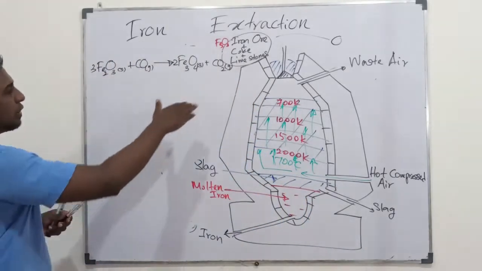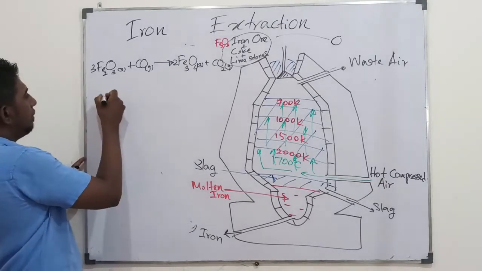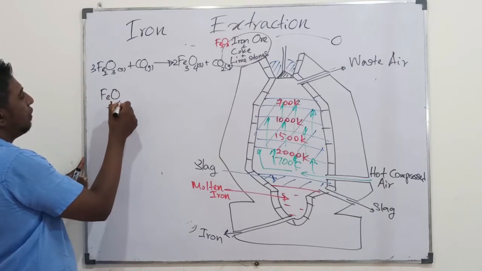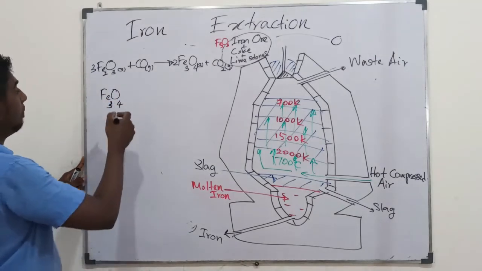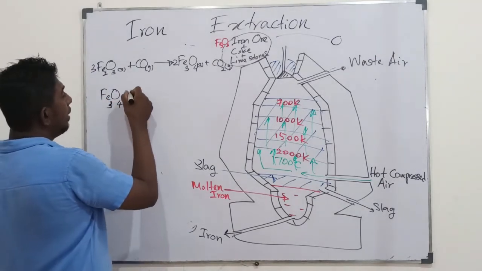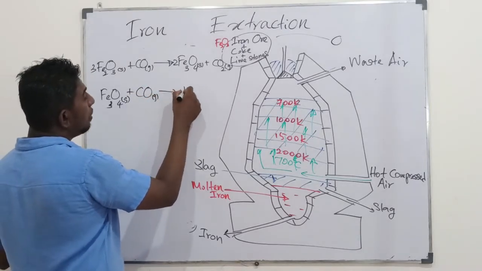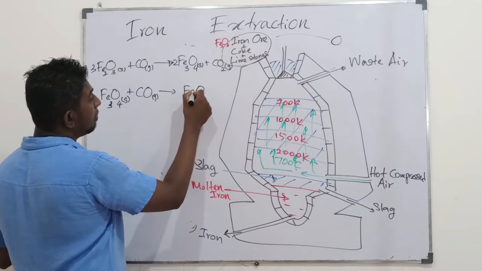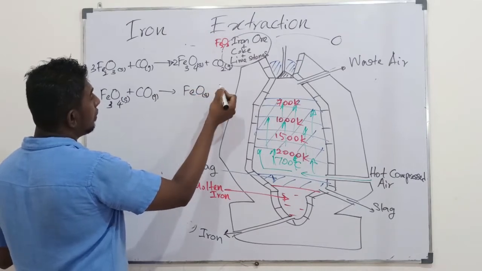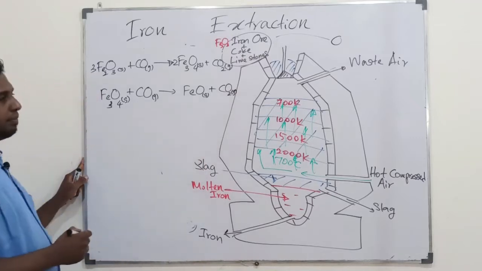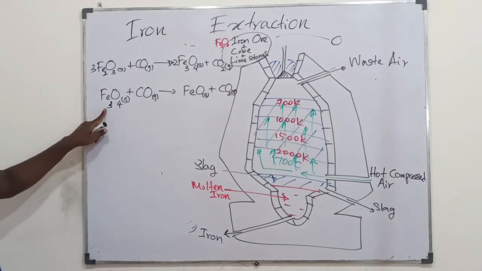Then when it goes down, this ferrosoferric oxide, Fe3O4, has both ferrous and ferric. That's why we call it in that way. With further carbon monoxide it would form ferrous oxide completely. So it further transforms into carbon dioxide. Then students, you have 3 here.